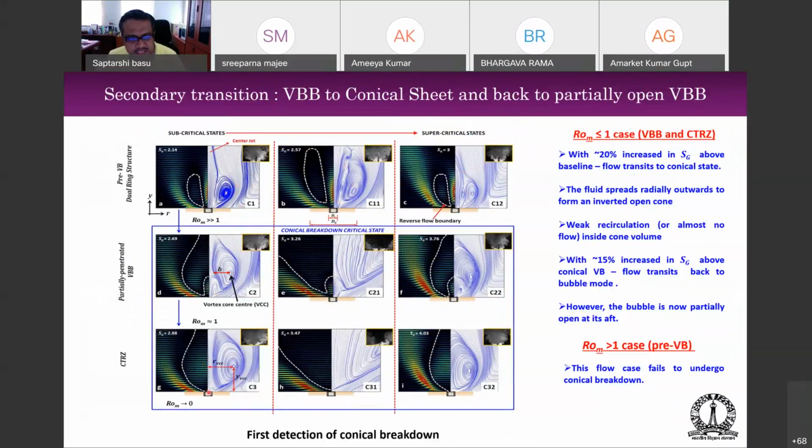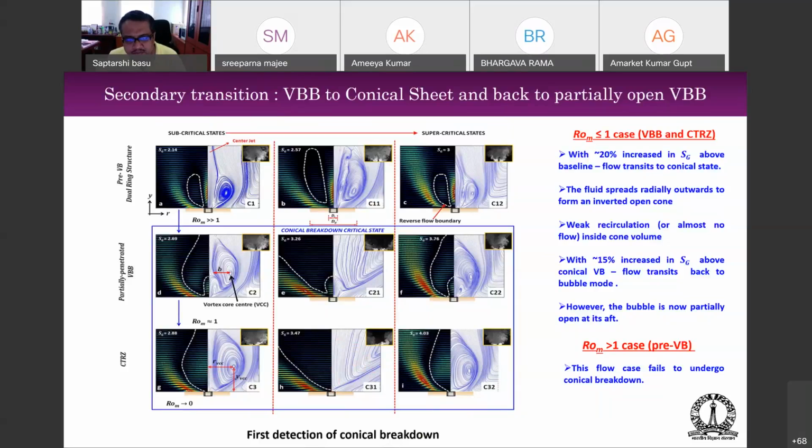That means the central jet has a very low flow rate. As you go on increasing the swirl now, you get what we call a conical breakdown phenomenon. That means the jet opens up completely and there is hardly any flow inside the two shear layers that you can see over here. So this is the first detection of conical breakdown that was ever done.